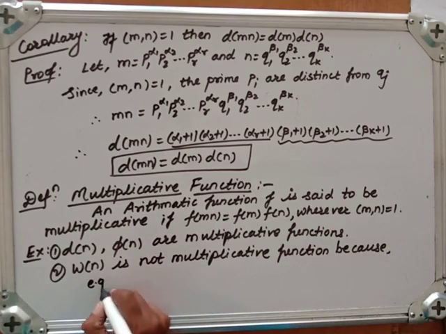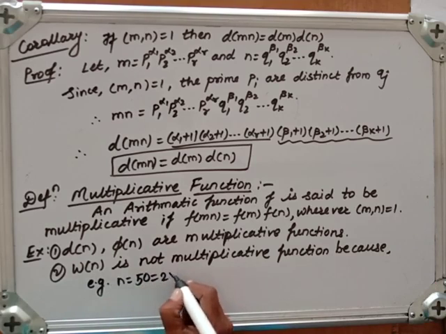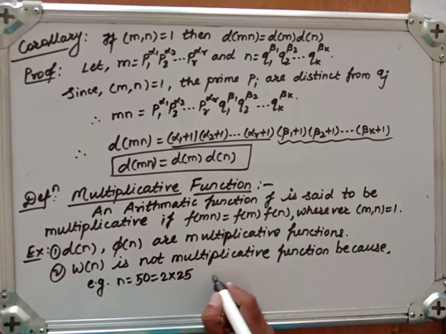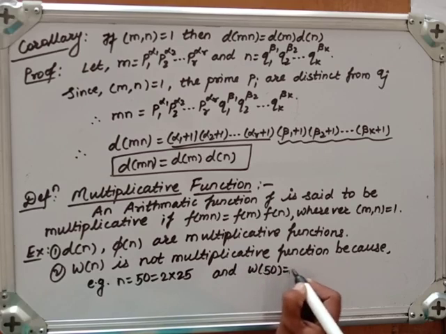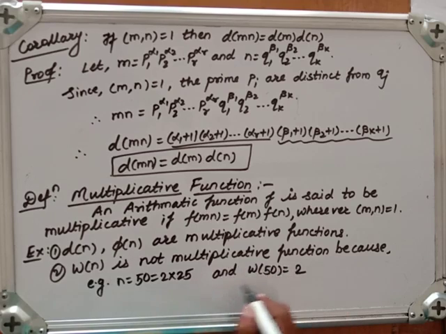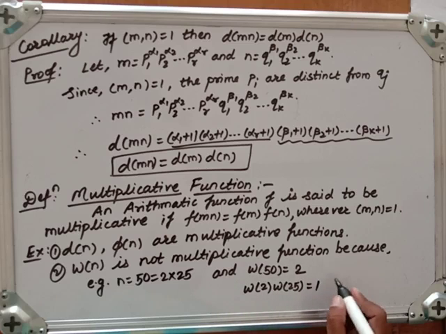for example n equal to 50, that will be 2 into 25. So omega of 50 is equal to how much? 2. But what about omega of 2 into omega of what? 25. So omega of 2 is 1, and omega of 25 is also 1, because 25 is nothing but 5 square.